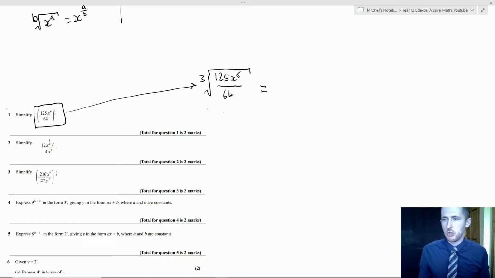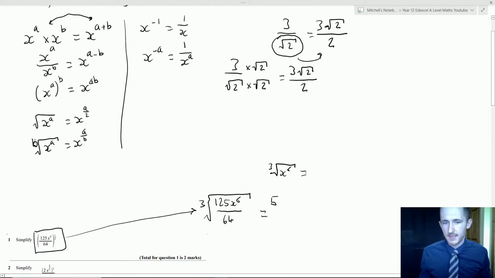Now all we need to do is cube root each and every one of these things, okay? Because there's no additional subtraction, we can just do that straight away. So what is the cube root of 125? Well, it's a calculator paper, so if you don't know, you can just use a calculator. But the cube root of 125 is 5. Now the cube root of x to the power of 6, again, I'm going to go through this quite slowly just for now. If you remember what we do when we have the root here, so this is this rule here, let's sub it in.